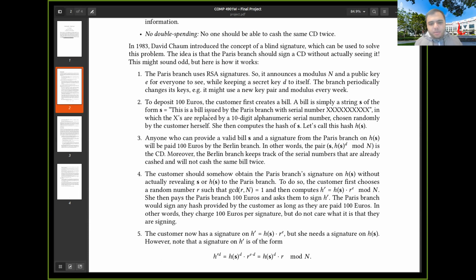So the bank can do some sort of statistical analysis, assuming that this random number was, for example, chosen uniformly at random. They can just look into all the inputs and see which one is more likely.